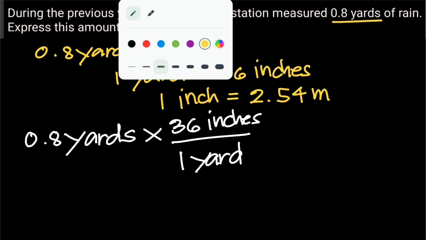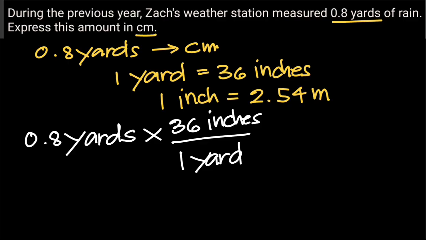In this case, you have to make sure that some of the units cancel out. So we need to cancel out yards. Then we're left with the unit inches. Then we need to cancel out inches to convert that to centimeters.